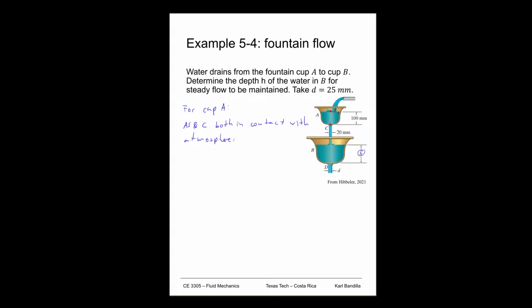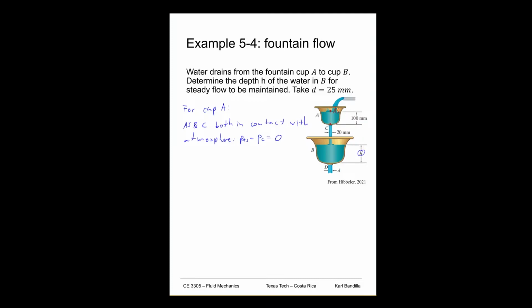What does that mean? That means, of course, that the pressures there are equal to atmospheric pressure, which means gauge pressure is equal to 0. So we'd have PAS equal to PC is equal to 0. That's nice. That's two terms that we don't have to worry about anymore.